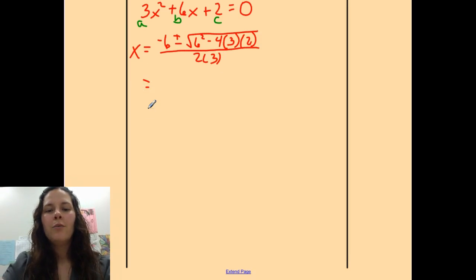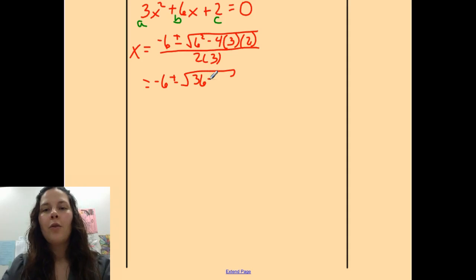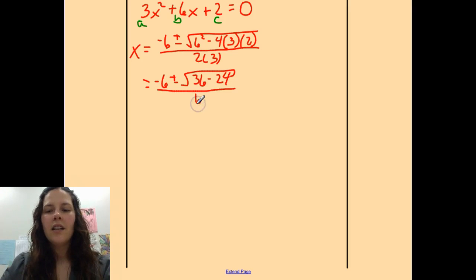Simplifying under the radical, we're going to square 6, which gives us 36. 4 times 3 is 12, times 2 is 24. All over 2 times 3 is 6. Subtracting 24 from 36 gives us 12. And we can simplify 12 as well.